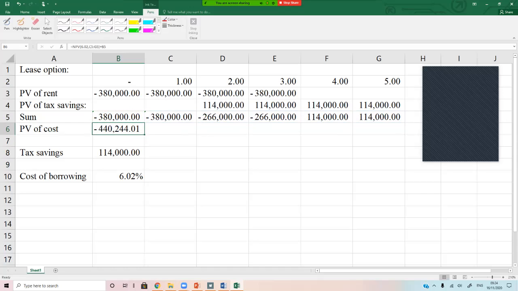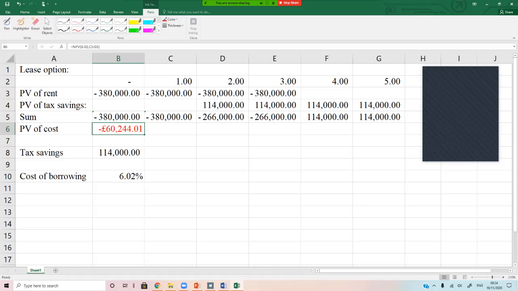Let's see what has happened. It's 114. Will you okay? Did I miss a point here? Why do I doubt that answer? I'm doubting that answer.